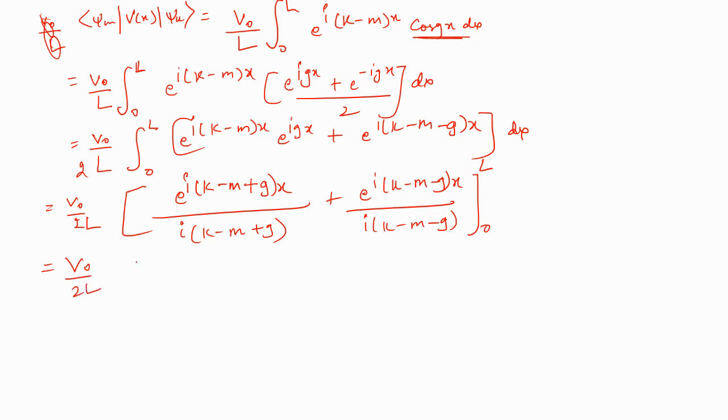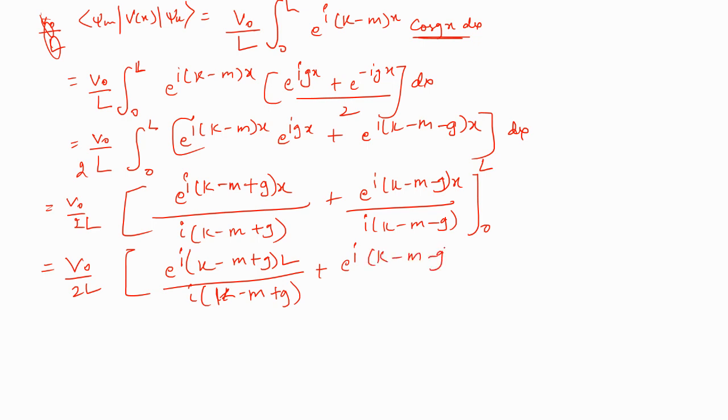V naught by 2L is equal to e raised to the power iota k minus m plus g L upon iota k minus m plus g, plus e raised to the power iota k minus m minus g L upon iota k minus m minus g. Then this will be minus.